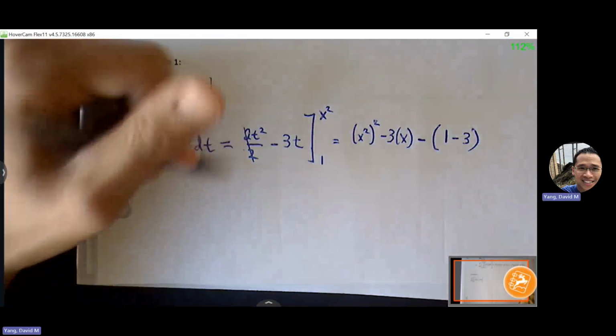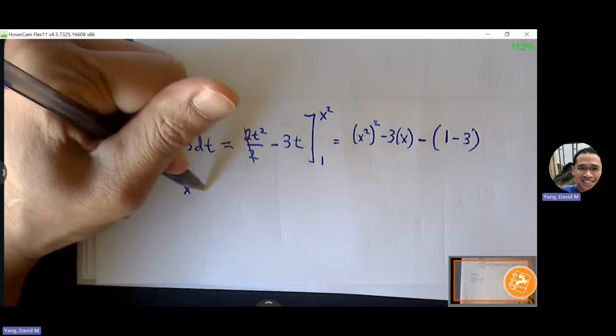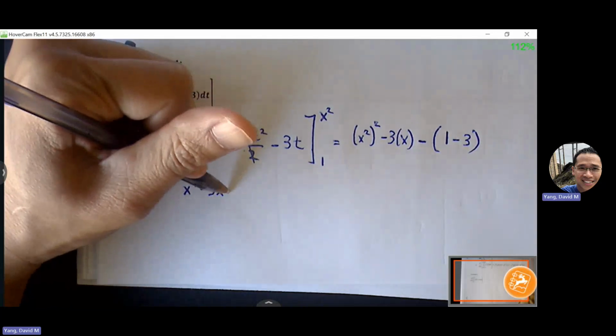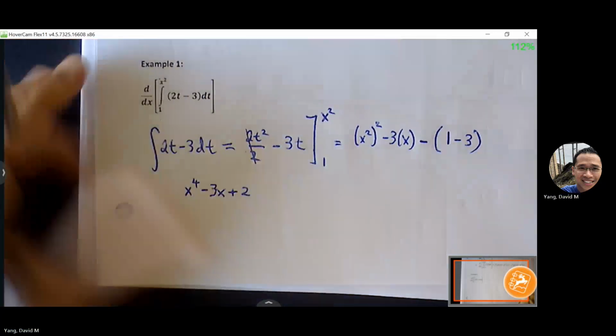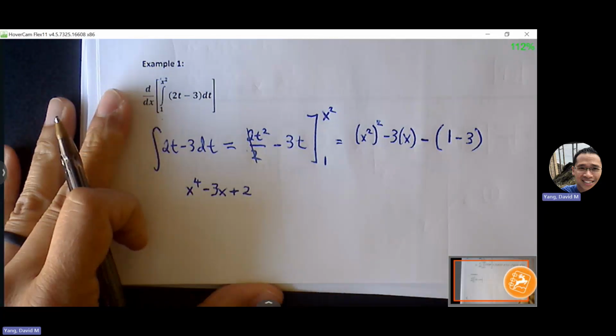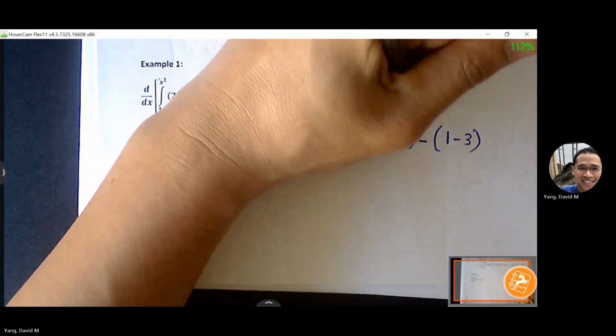Okay, let's do some cleanup here. I get x to the 4th minus 3x squared minus a negative 2, so plus 2. Should it be 3x squared? Oh, sorry, 3x squared. Thank you.